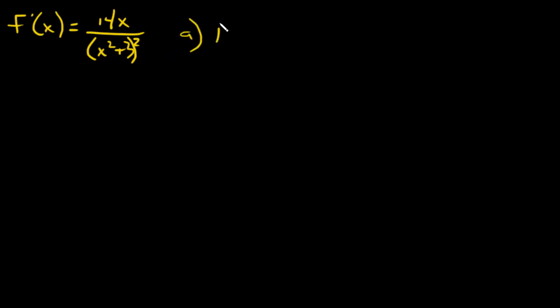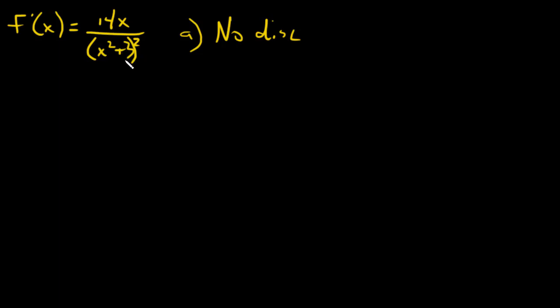So here we go. We've got f prime of x is equal to 14x over that quantity, x squared plus 3 squared. Alrighty, so we are looking, first off, are there any discontinuities? No, there are no discontinuities because I'm squaring something on the bottom that can never go to 0.